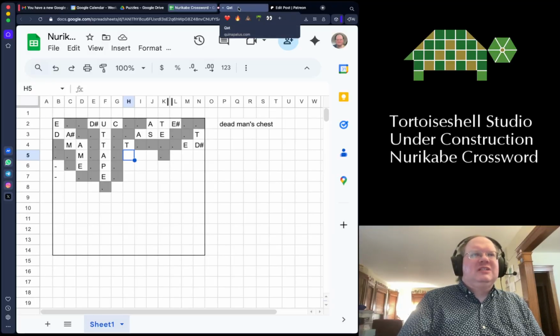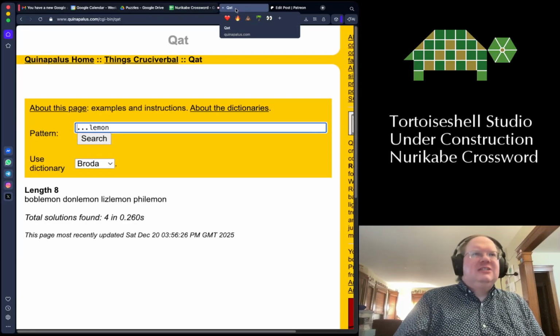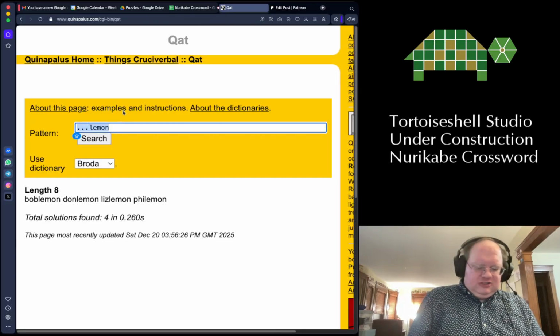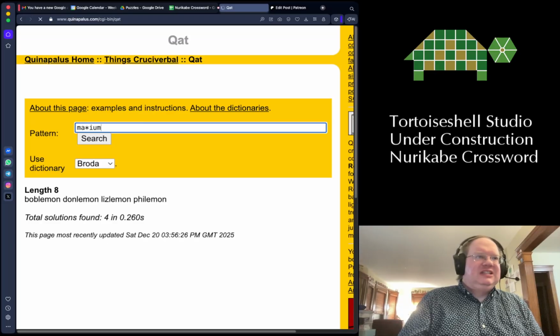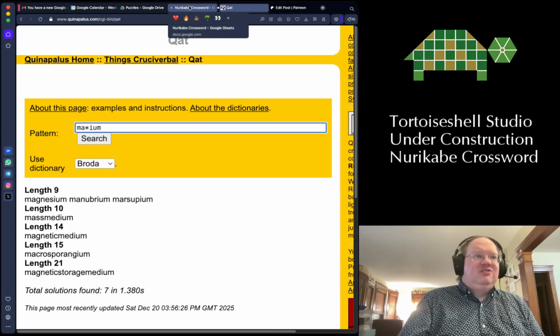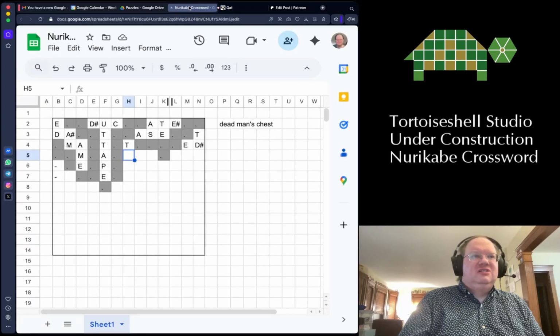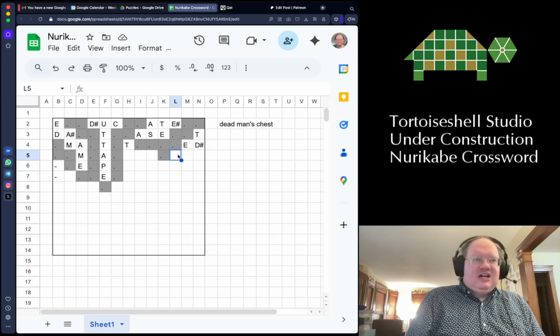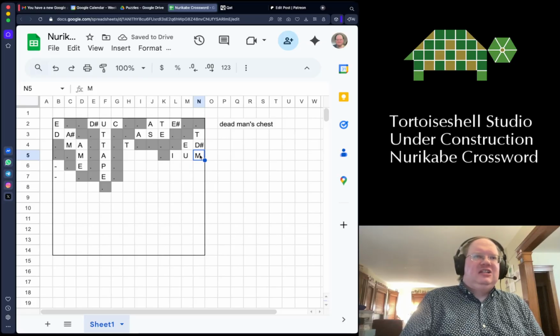Hmm. Wonder what there is for this besides magnesium. Anything shorter? Nothing shorter than magnesium, and magnesium is too long. Just because I was thinking if I end it in IUM, I can have tedium here, and that will give me the M I need.